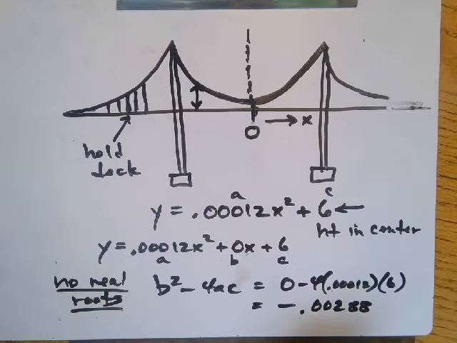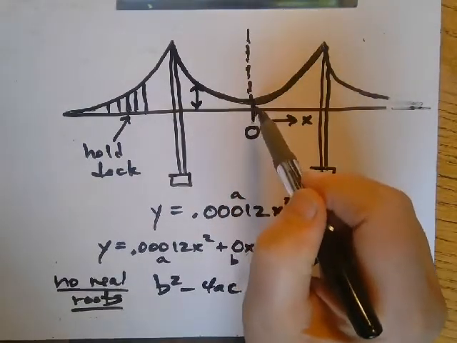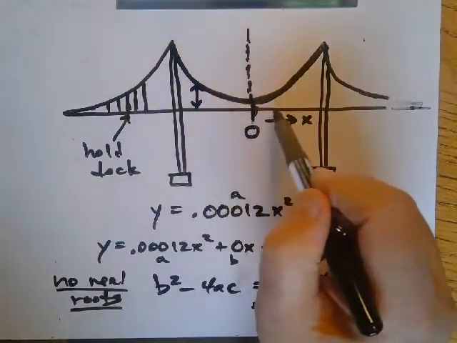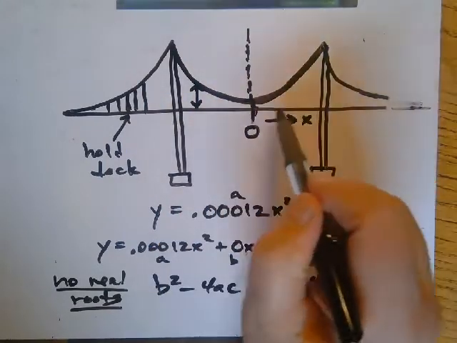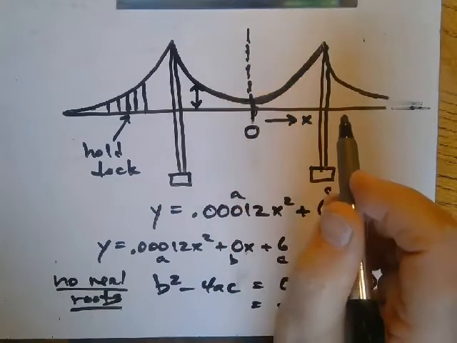Well, question 41 asks us, what does the discriminant tell you about the supporting cables of this bridge? What does it tell you? Well, if the discriminant is negative, that's telling us that there's no real roots, that this parabola never touches the roadway.